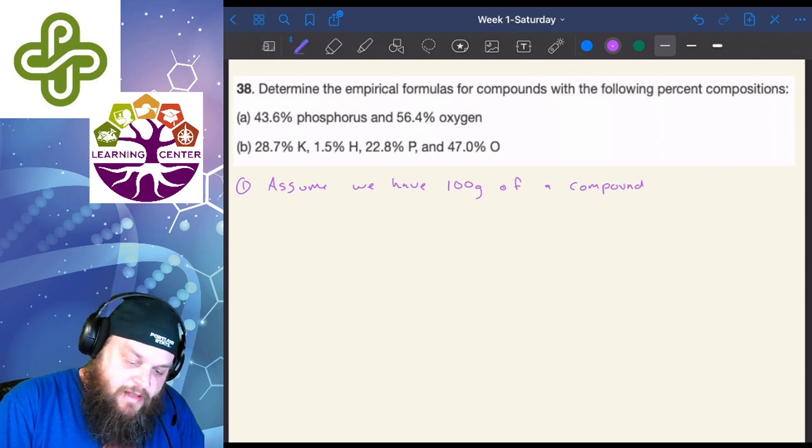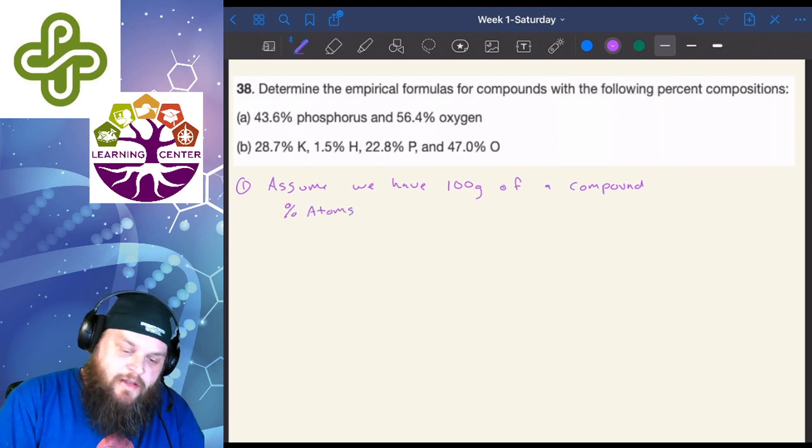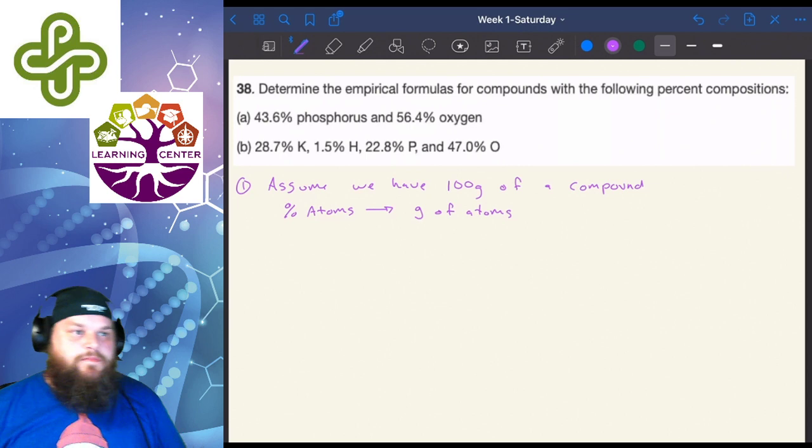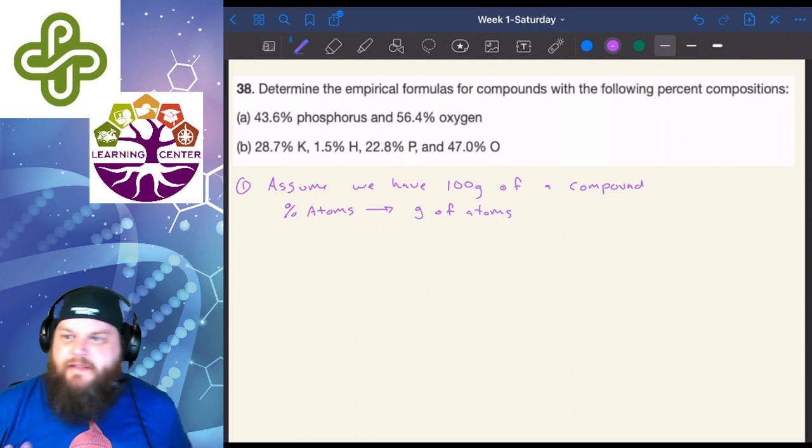That gives us that the mass percentage of the atoms is equal to the grams of atoms. It just makes that conversion a lot easier.